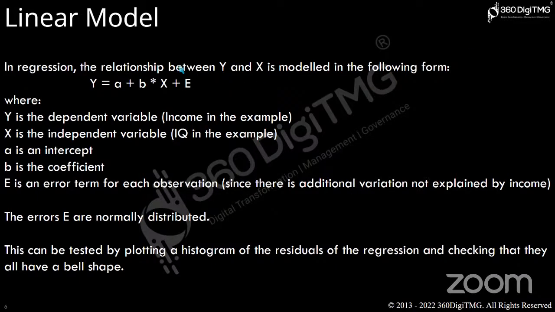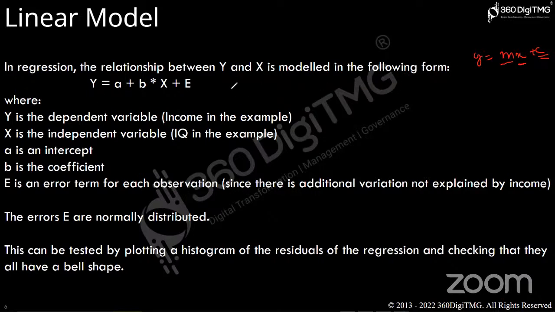Now this linear regression is based on the equation of a straight line. The equation of the straight line we know is y equals mx plus c, where c is the intercept on the y-axis, m is the slope, x is the x variable, and y is the y variable.